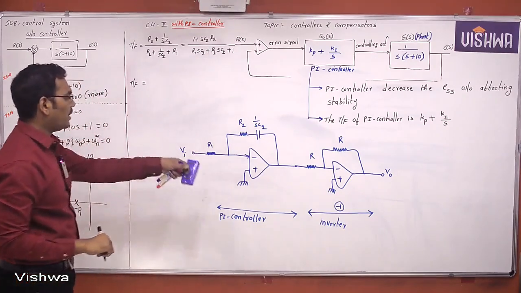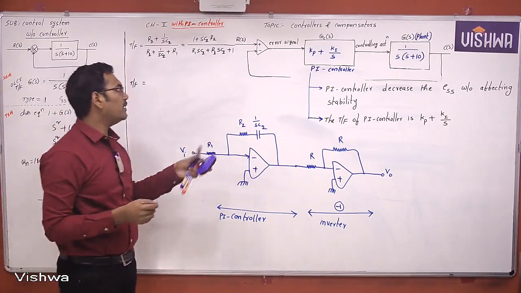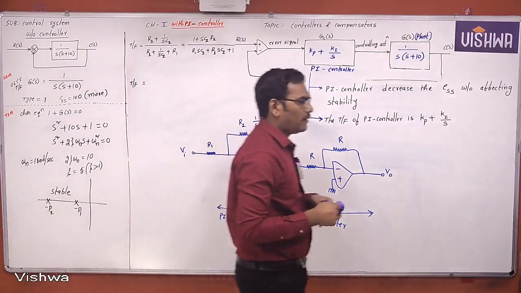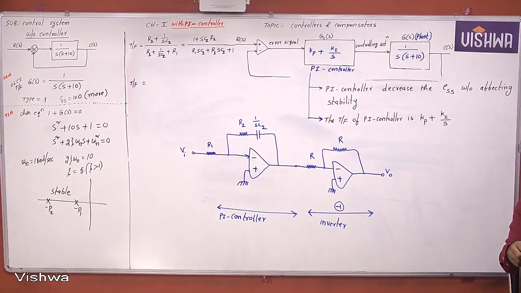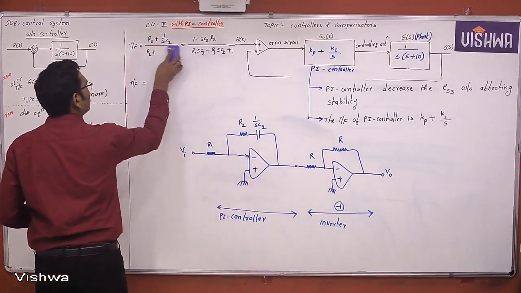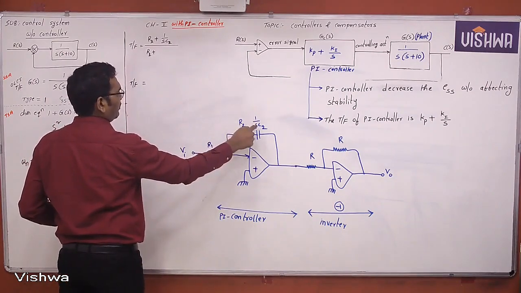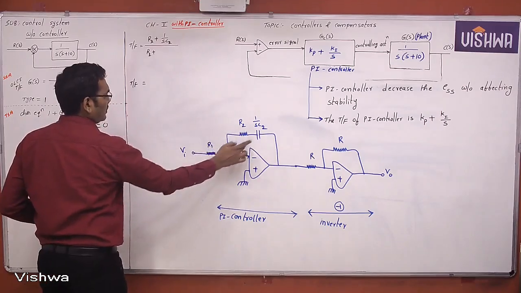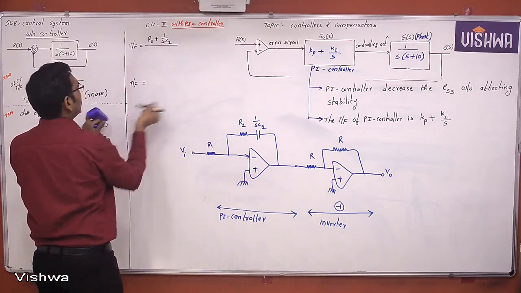Then you compare with the original transfer function and you can easily have the Kp value and the Ki value. Not on. What is this? R2 plus 1 by SC2, this is Z2 by Z1, R2 by R1.